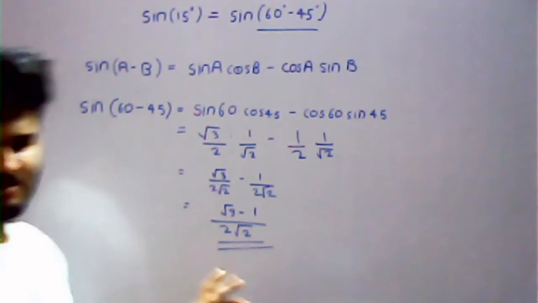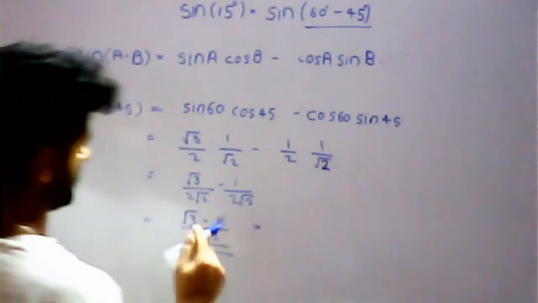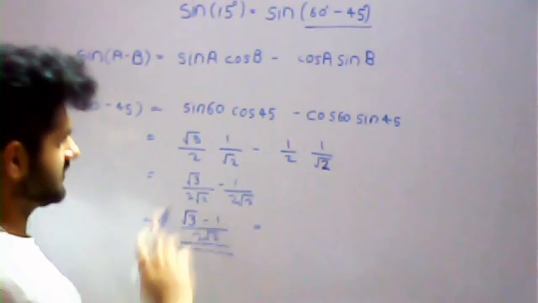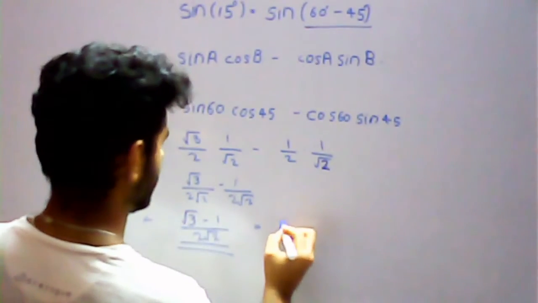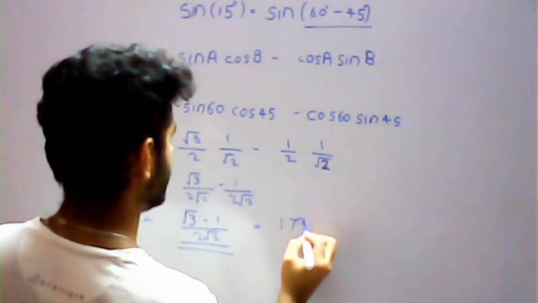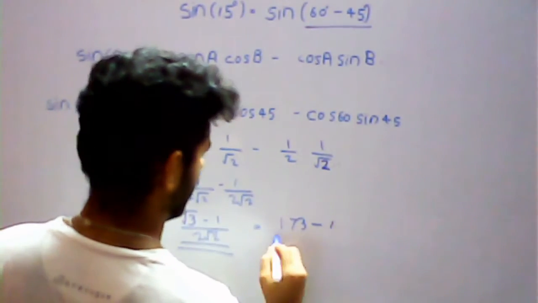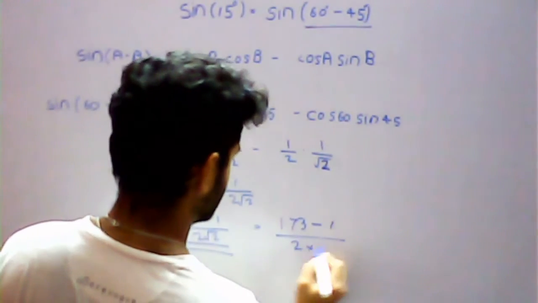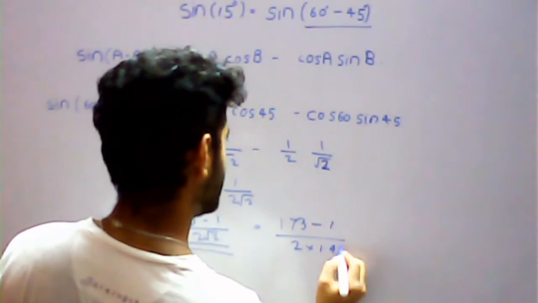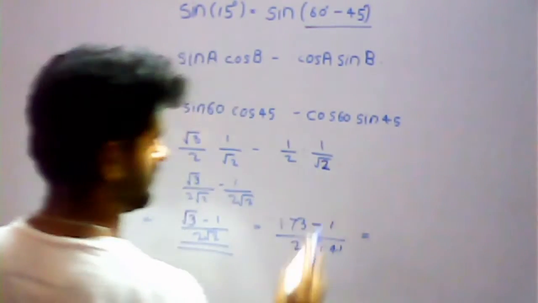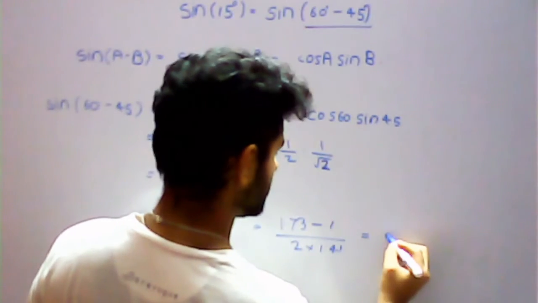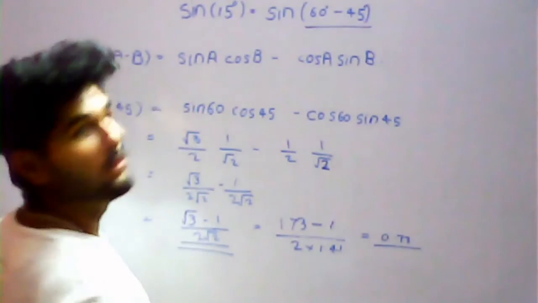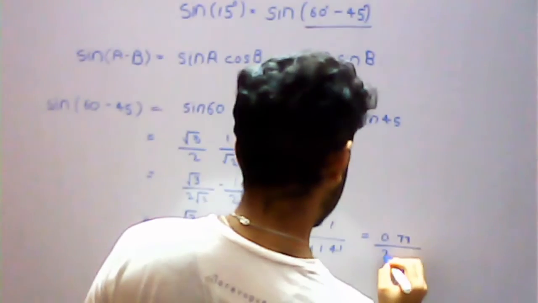You can keep it as it is, or you can simplify it further. The answer here comes to be root 3 minus 1 upon 2 root 2. If we simplify this further, we know the value of root 3, which is 1.73, minus 1 upon 2 root 2, which is 2.82. 1.73 minus 1 is 0.73 divided by 2.82.